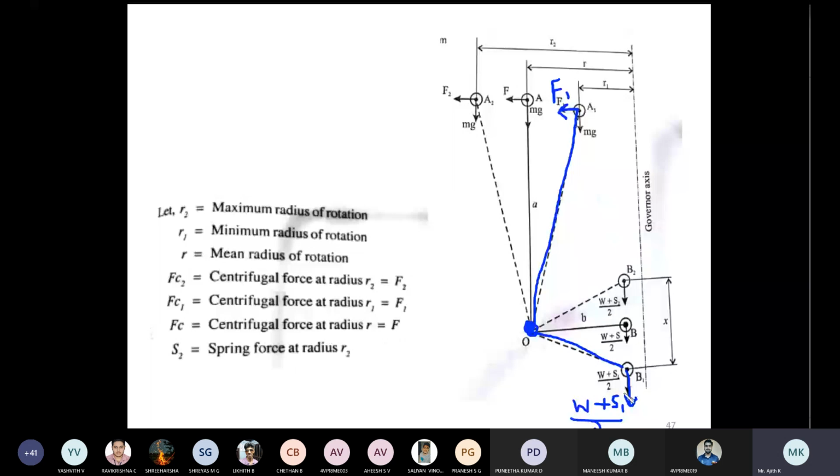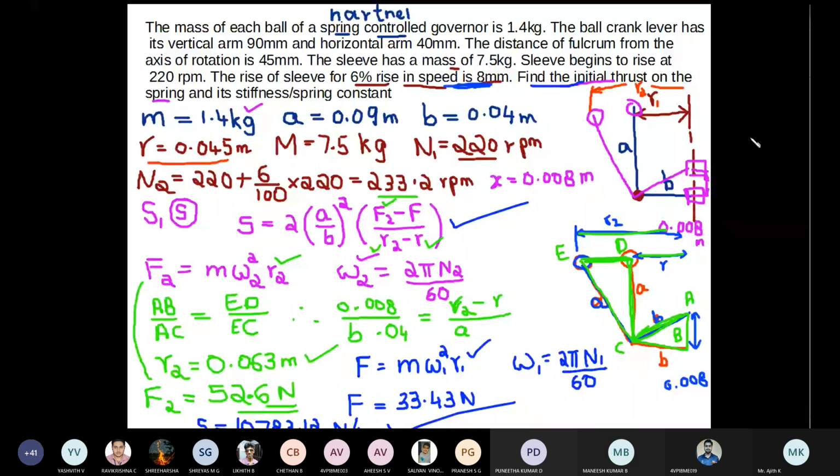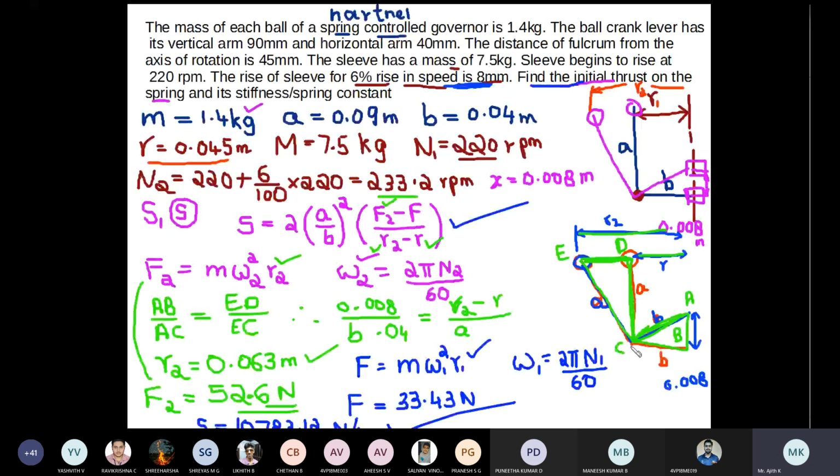Instead, to find out S1 and S2, will take moment about point O. Therefore, F1 into A is equal to W plus S1 into D into B. This force into perpendicular distance A is equal to this downward force into perpendicular distance B. So I will use same principle here, by taking moment about point C, the pivot point.